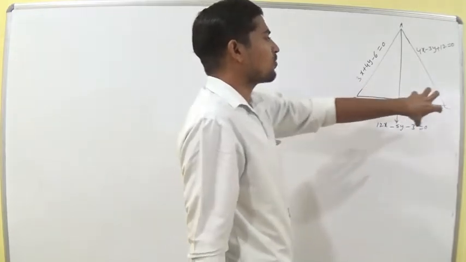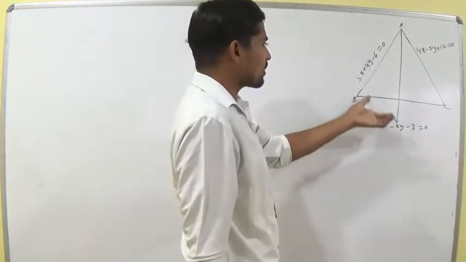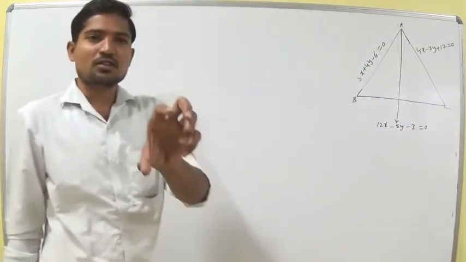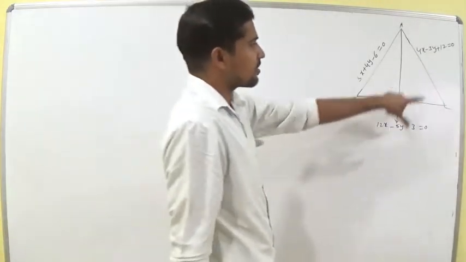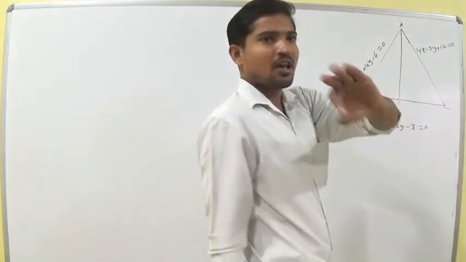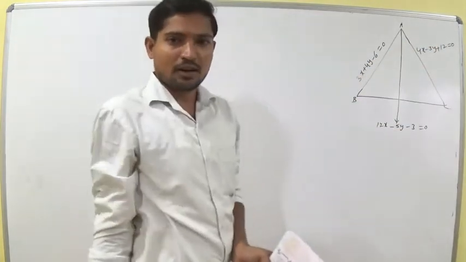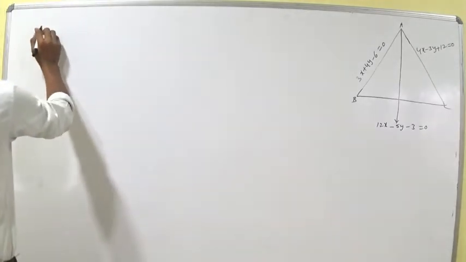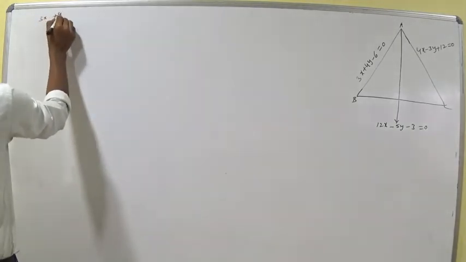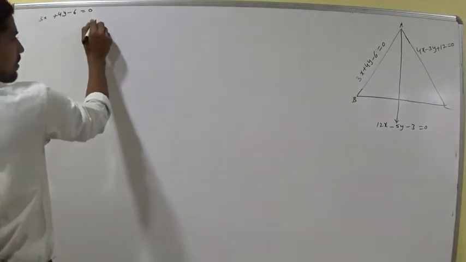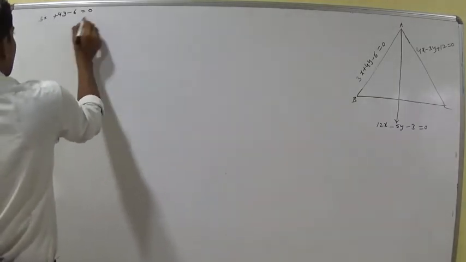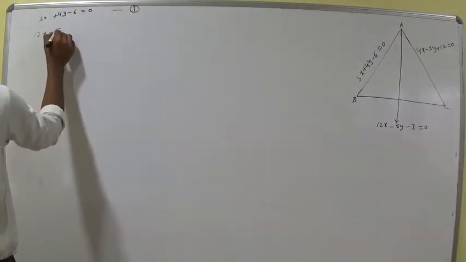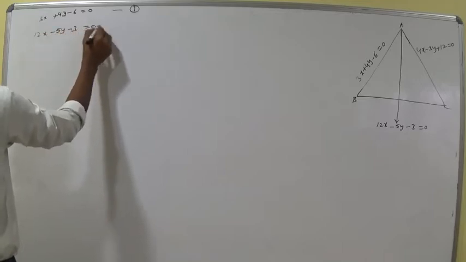To find B, find the intersecting point of 3x + 4y - 6 = 0 and 12x - 5y - 3 = 0. Finding the intersecting point of these two equations gives vertex B, and similarly for C. Given 3x + 4y - 6 = 0, let us call this 1, and 12x - 5y - 3 = 0, this is 2.